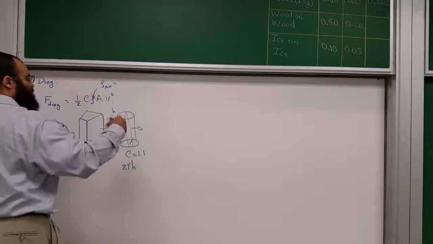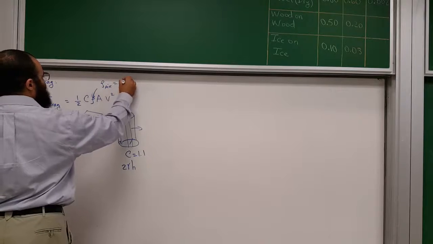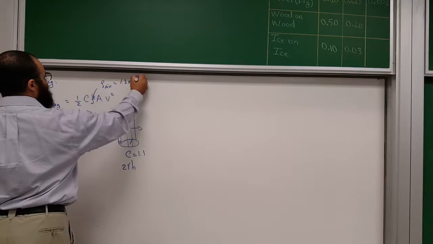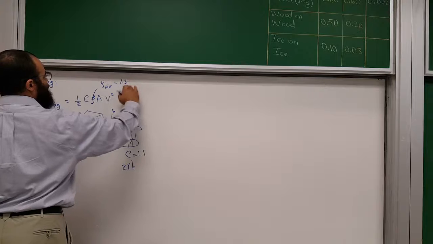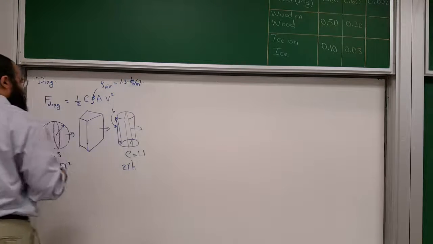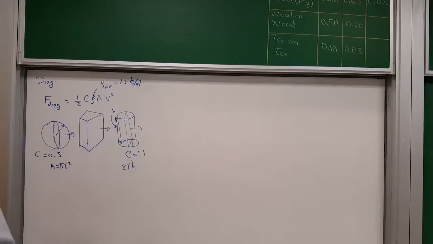We're not moving in water or something, which would be much denser. So in air it's approximately 1.3 kilograms per cubic meter. So let's see how we can use this.